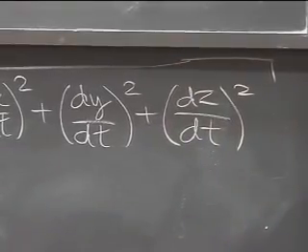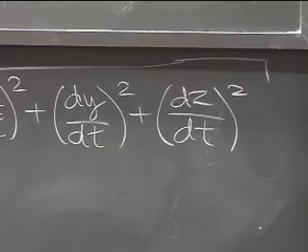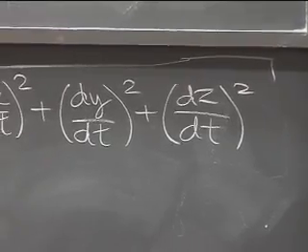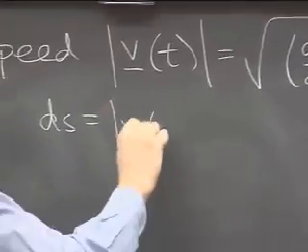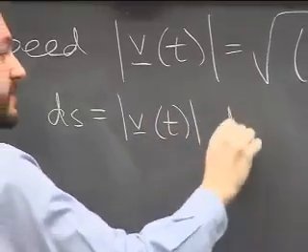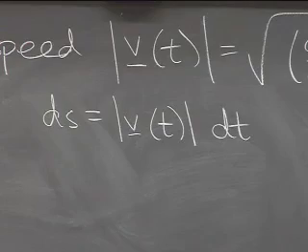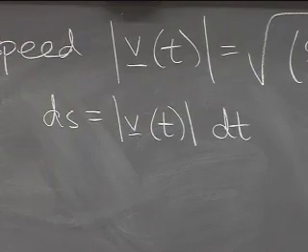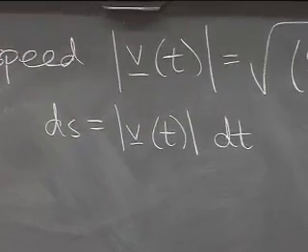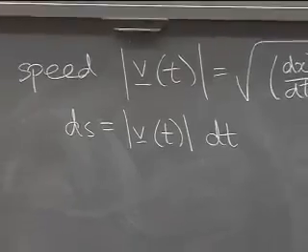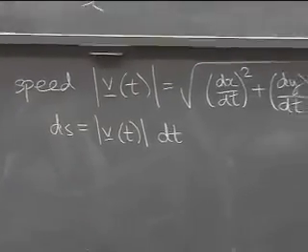So that's the speed. And what we saw is that ds, a little bit of arc length, is actually v of t dt. That is not new to us. To find the arc length, we just integrated that. So now we're going to integrate with respect to that.